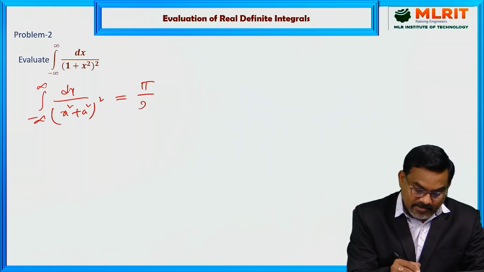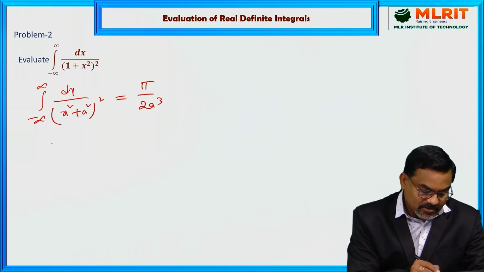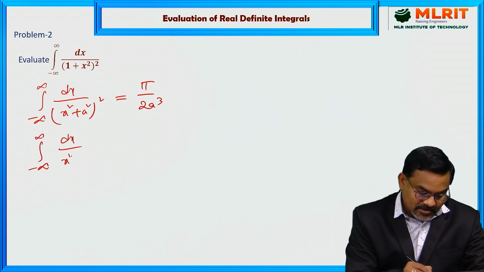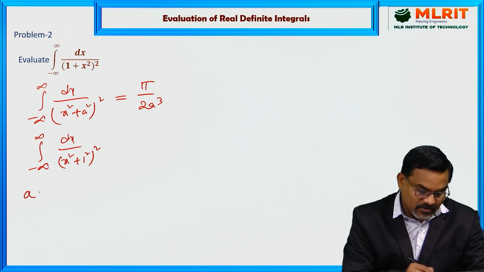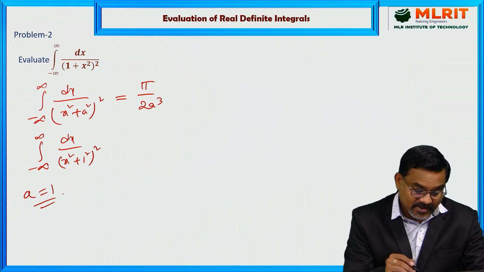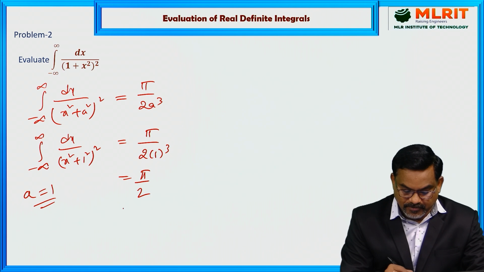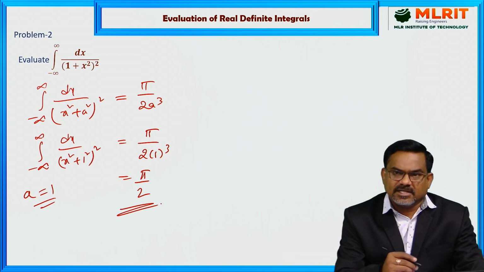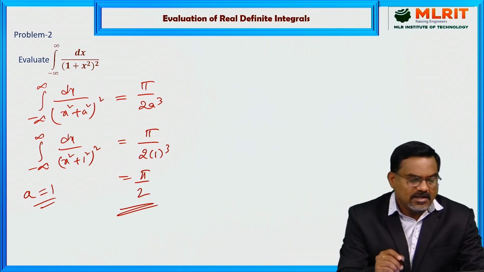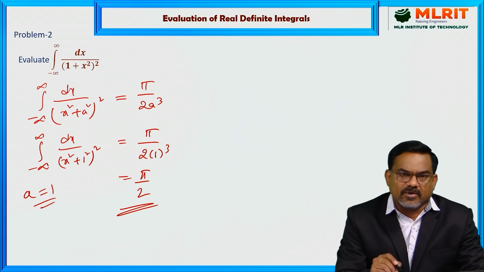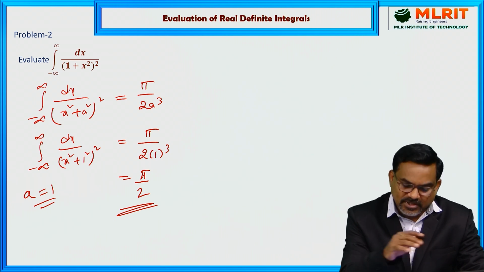Now, we need to evaluate the integral of dx by (x square plus 1) whole square. So, that means a equal to 1 here. So, the answer is pi by 2 into 1 cube, which is pi by 2. It is a shortcut using the previous one as a standard formula. Otherwise, you need to follow the same procedure.